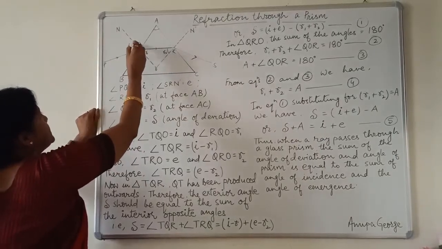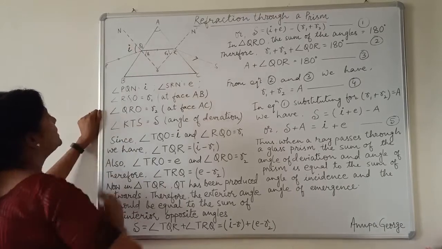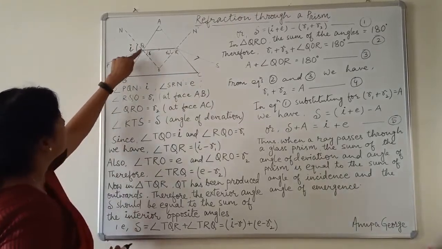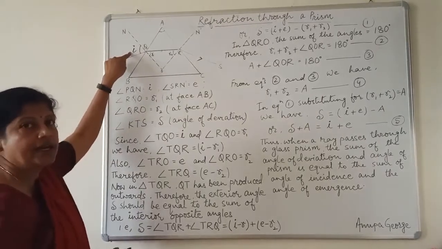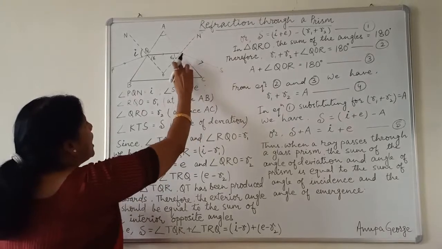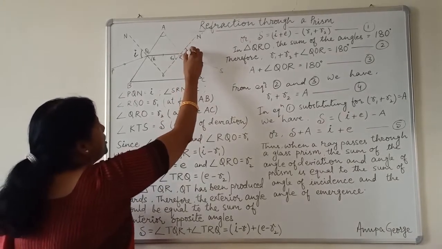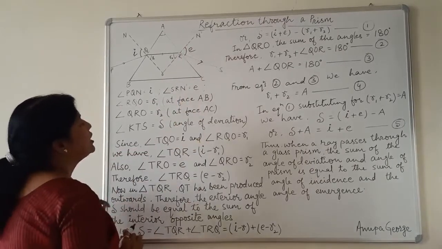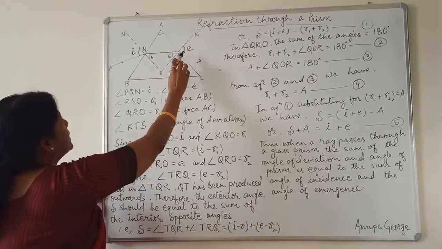Now you see angle PQN is the angle of incidence, represented by I. Angle SRN dash is the angle of emergence, represented by small e.